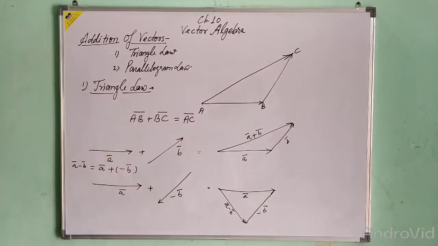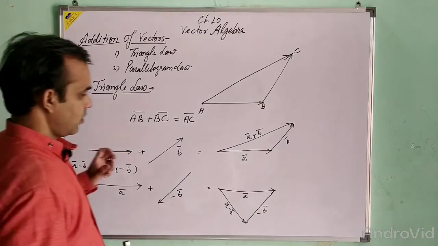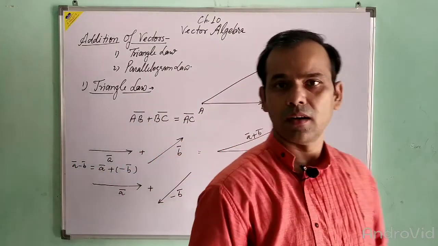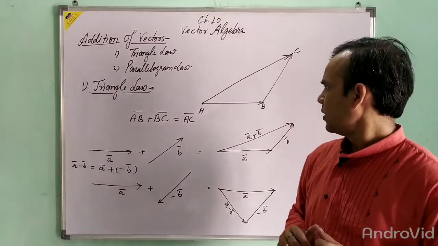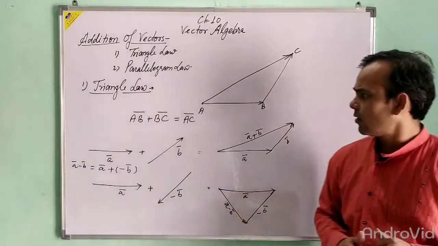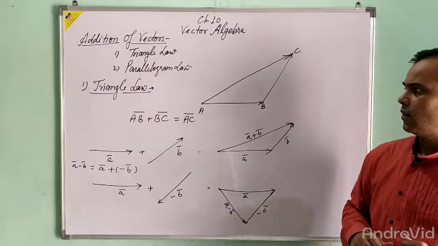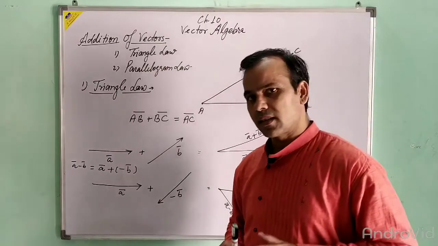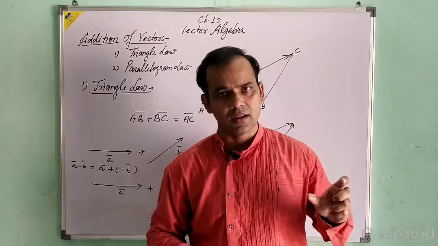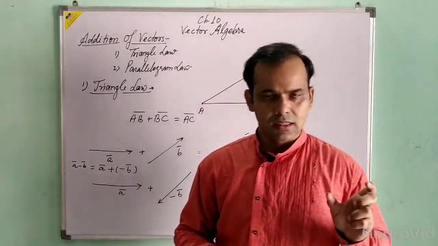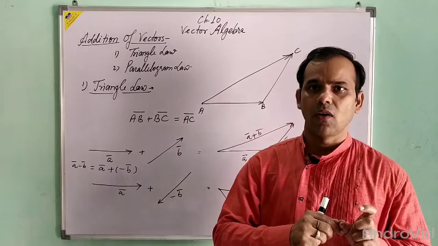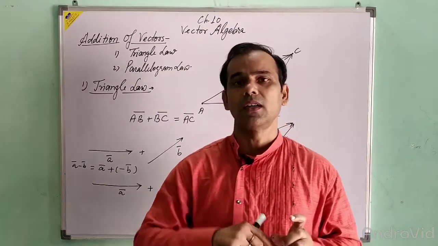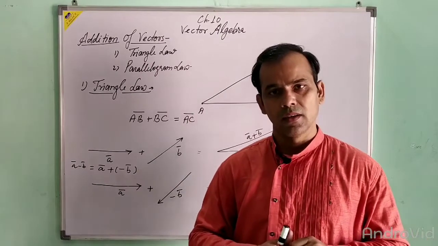So this is the triangle law in which we can add the vectors. I think there should be no doubt at all how two vectors can be added. In the triangle law, two vectors are added when one vector is taken as it is and the head of this vector is added to the tail of the other vector.